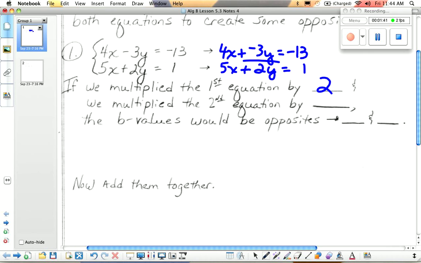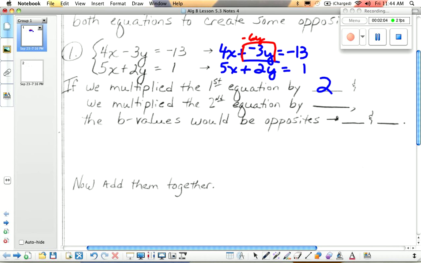So what are we going to multiply the second equation by? Negative 3? Positive 3. Remember, when we take 2 times negative 3 in the first equation, that's going to create a negative 6y. Then we multiply the second one by 3.